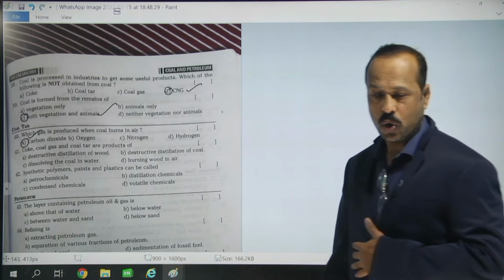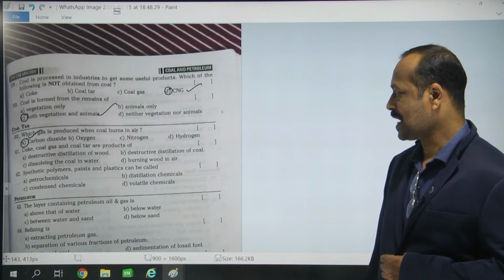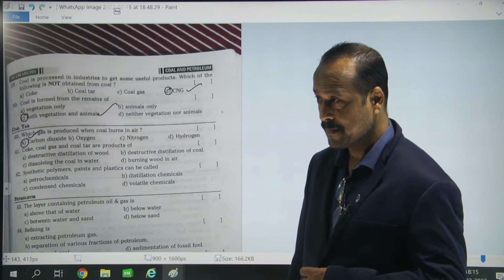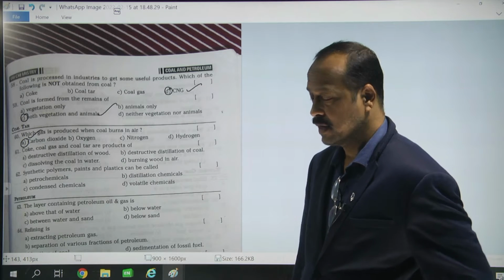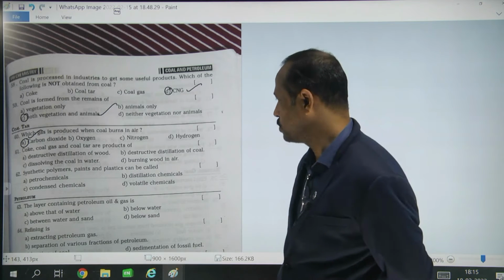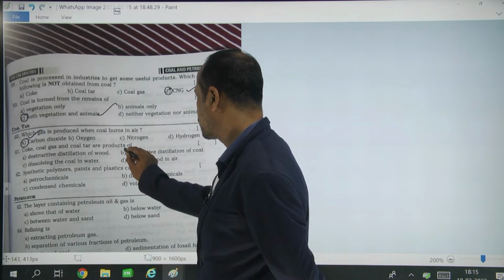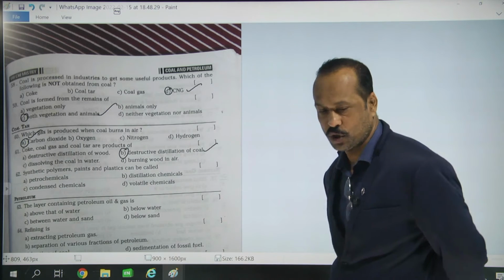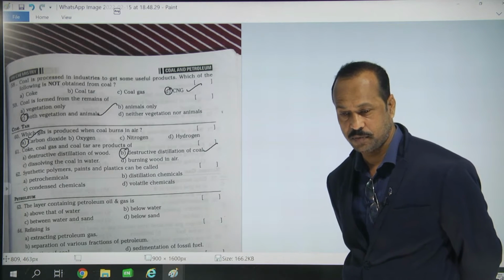Now, coke, coal gas and coal tar are products of what? See the four options. Of coal. So the option is B, destructive distillation of coal. Very good. Now 62, read the question and answer both.